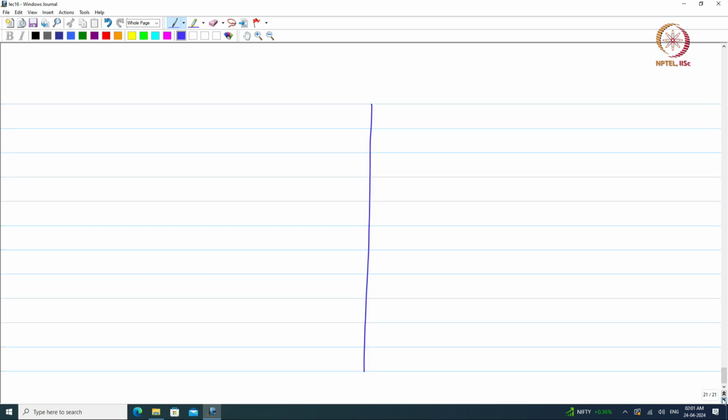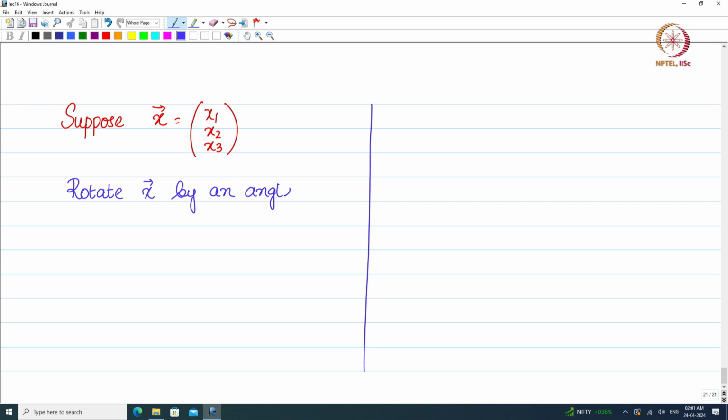Okay. Now, suppose x is a vector with 3 components x1, x2, x3, and let us say I want to rotate the vector x by an angle, let us say theta, about the E1 axis.